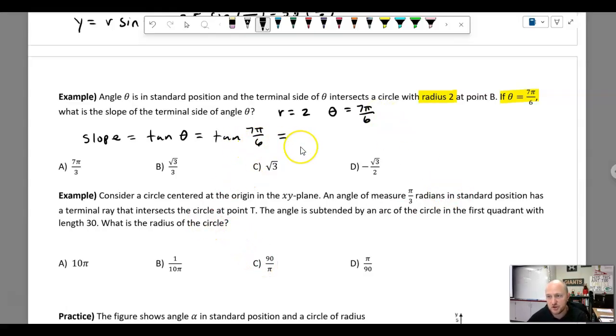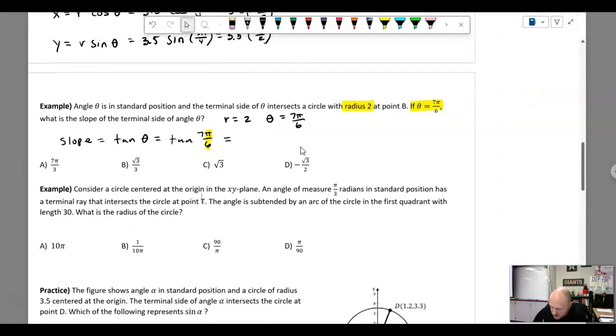One is to just know the tangent value of pi over 6, and I try to explain this to my students by understanding what the graph of y equals tan theta looks like. I tell them, hey, this is an increasing function, and so the pi over 6 angle is smaller, right? It's a smaller value than pi over 3, and so this output is going to be square root of 3 divided by 3.